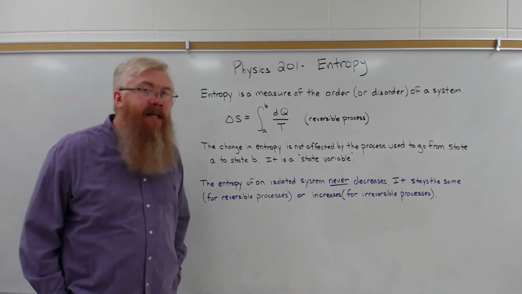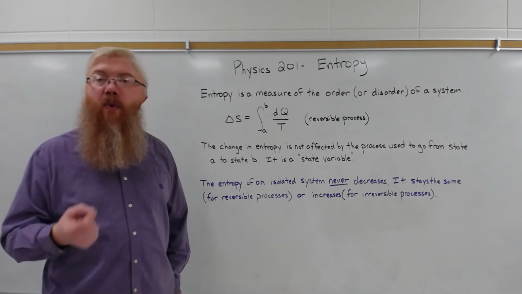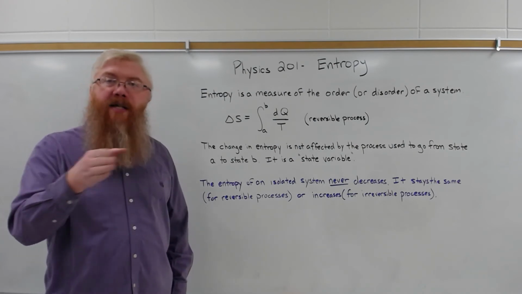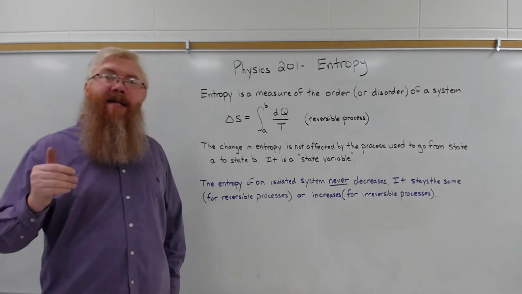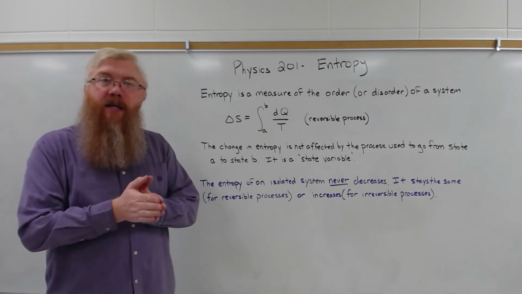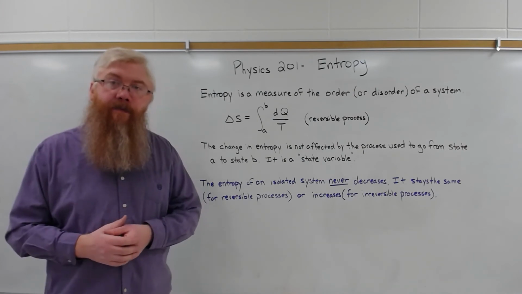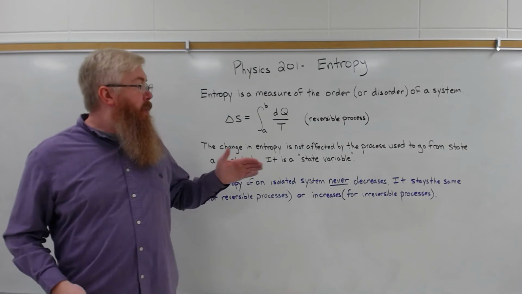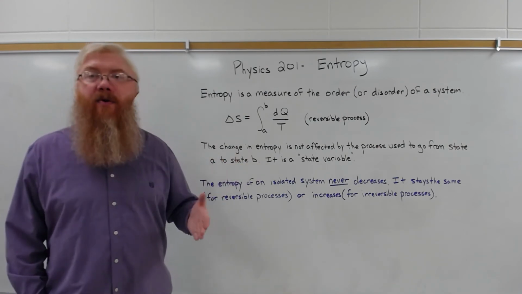So since you can't use 100% of the heat to do work, every time you transfer heat, a little bit of it is wasted. That means that eventually you'll run out of useful energy. So what happens when you run out of useful energy? This is called the heat death of the universe.